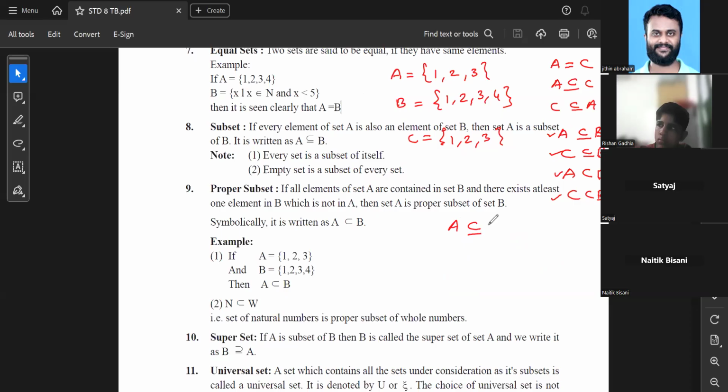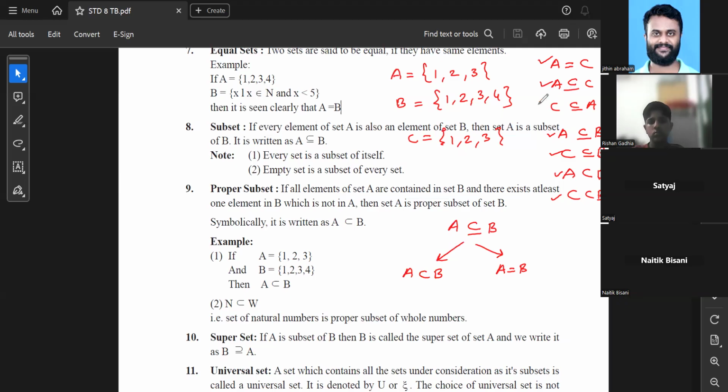If A is a subset of B, then there are two possibilities: either A can be a proper subset of B or A can be equal to B. In both cases they are a subset of B. In short, for example, in this case A is equal to C. As you can see, A and C are equal. Now, since they are equal, it comes under the subset category. Since they are equal, they are also subsets.